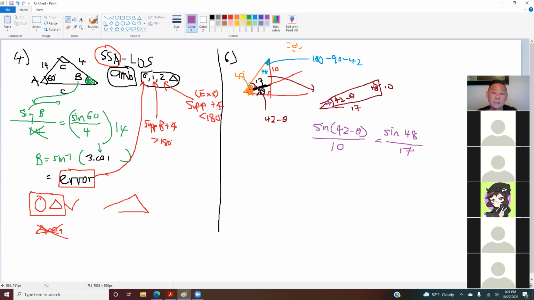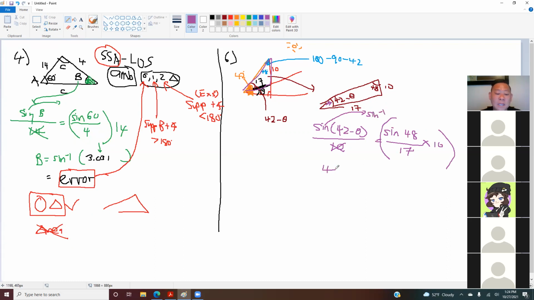We are using this triangle to figure out theta. I'm going to multiply this by 10 because I'm trying to solve for theta, and then you take the arc sine of it.